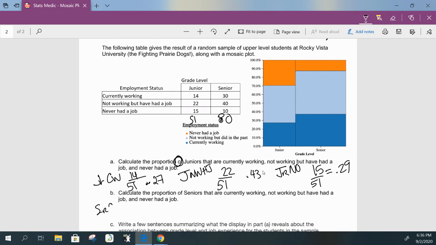So you have seniors that are currently working. There were 30 out of 80, and that's 0.38. And seniors that are not working but have had a job is 40 out of 80, which is 0.5 or 50%. And seniors that have no job, never had one, was 10 out of 80, and that was 0.13 or 13%.